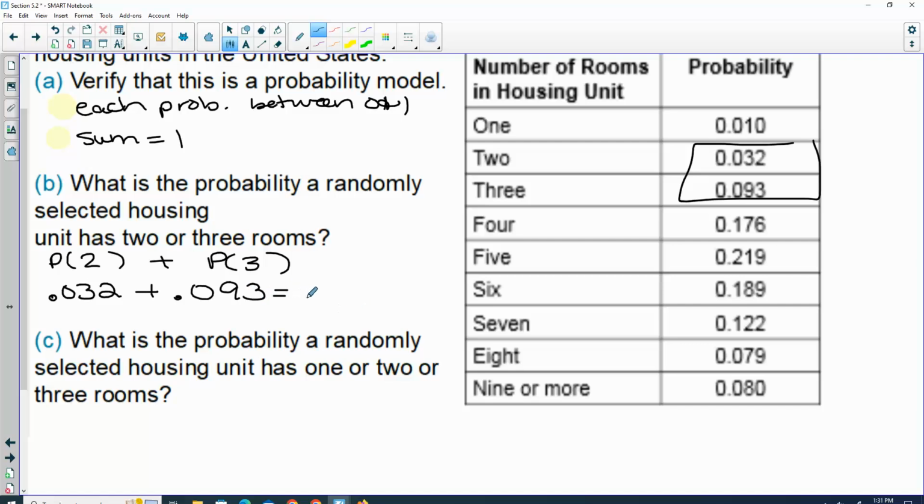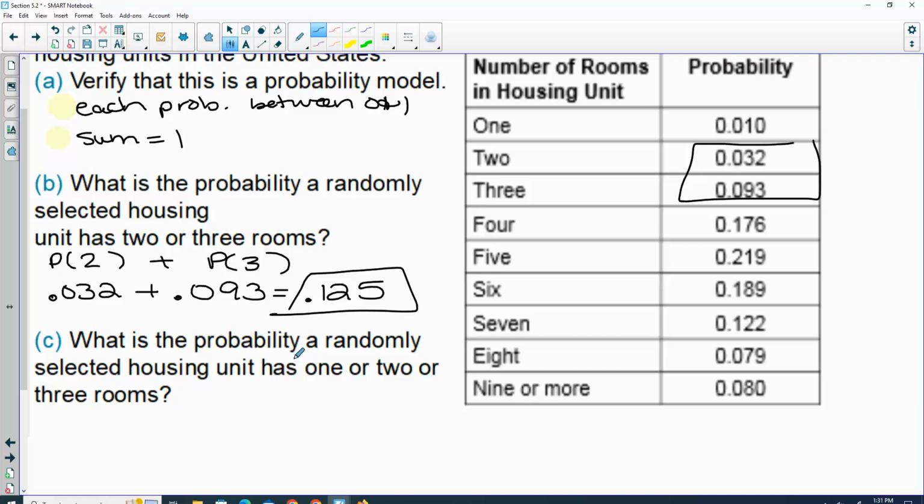Add those together. So about a 12.5% chance that we have either 2 or 3 rooms in our unit. Is that okay?